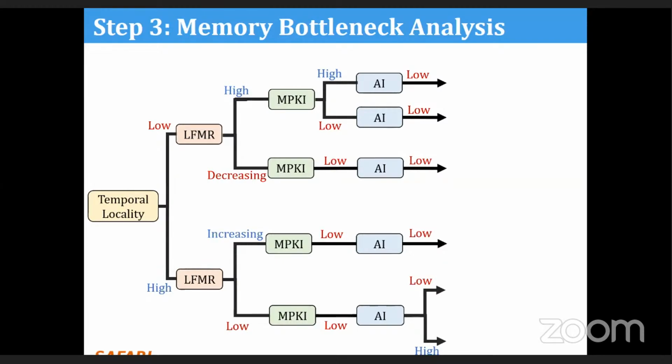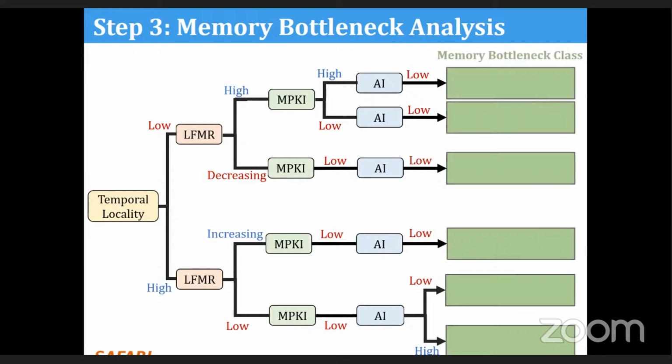LFMR might be low, which means, remember, that the cache hierarchy is working well on the host side, or maybe the LFMR is increasing when we increase the number of cores in our scalability analysis. Then we check the MPKI values and the AI values, and based on that, we obtain 6 different classes of memory bottlenecks.